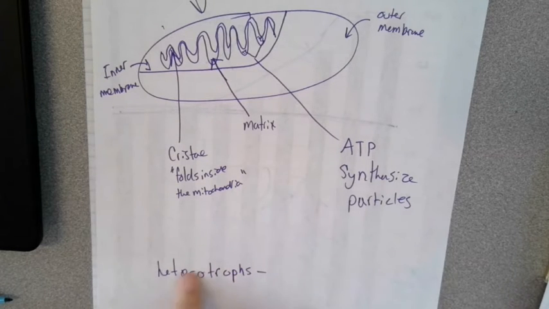Heterotrophs are going to be organisms that take organic compounds in the presence of oxygen, and they will convert things to CO2 and water, which will also generate ATP.